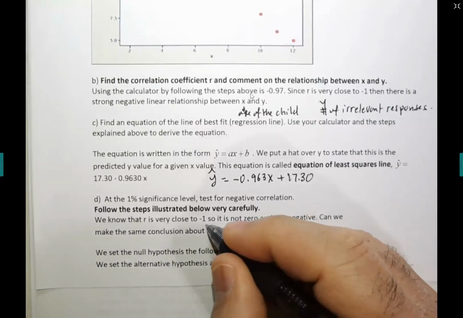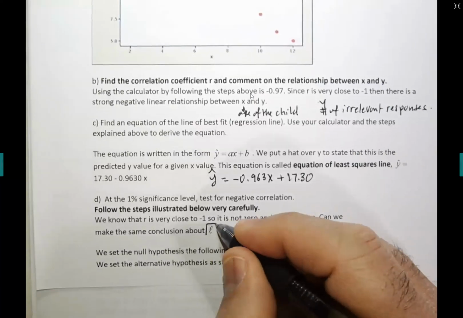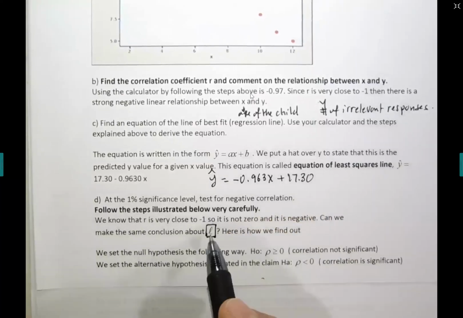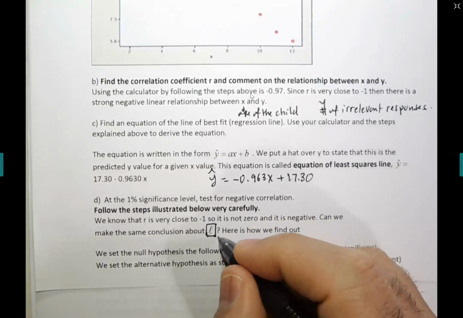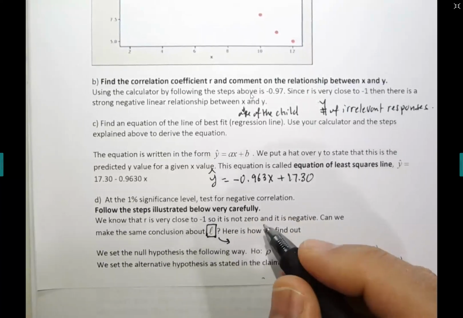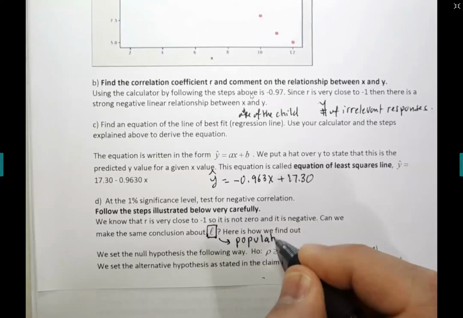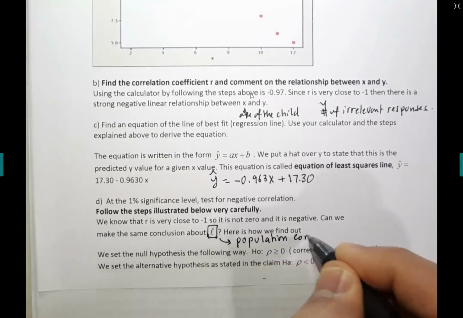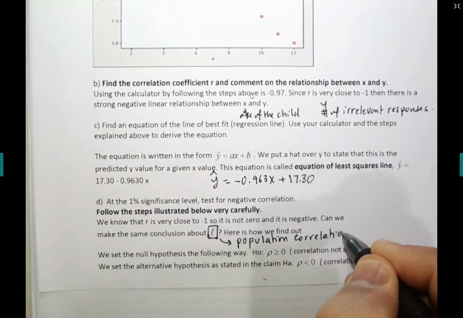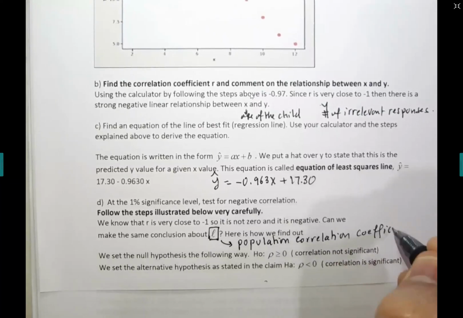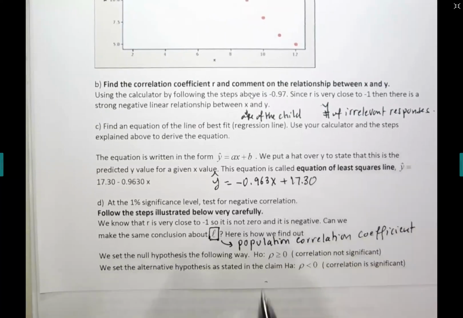Let me just mark this number right here. This rho is called the correlation coefficient, but not of the sample. It's called the population correlation coefficient. This is the correlation coefficient of the population.